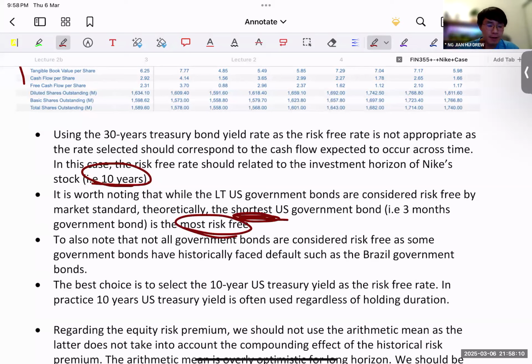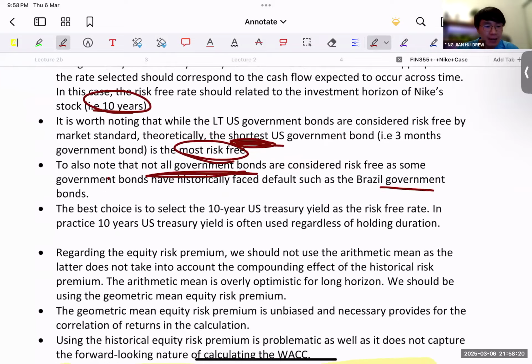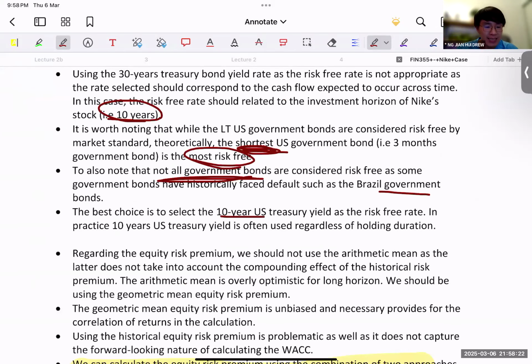But at the same time, not all government bonds are risk-free, right? For example, Brazilian bonds are not risk-free. Okay. Even if the time horizon is 10 years, the best is to choose 10 years. But at the same time, there's some market practice as well. People use 10 years as the considered risk-free rate, for example if you have a 12 years or 15 years time horizon, most people use the 10 years as a market practice.